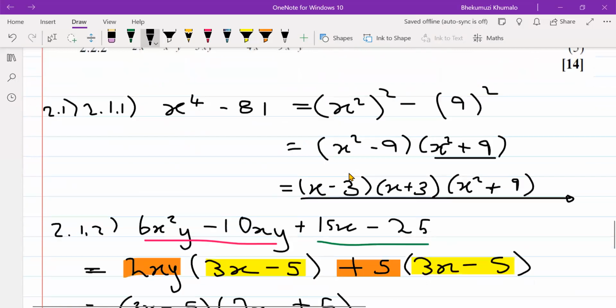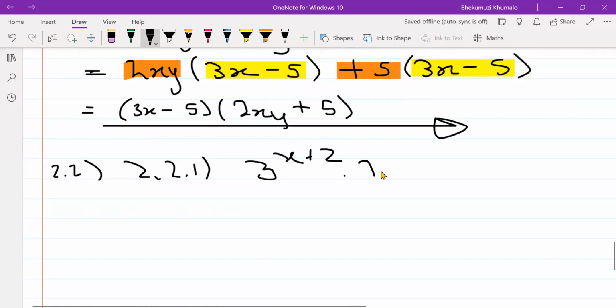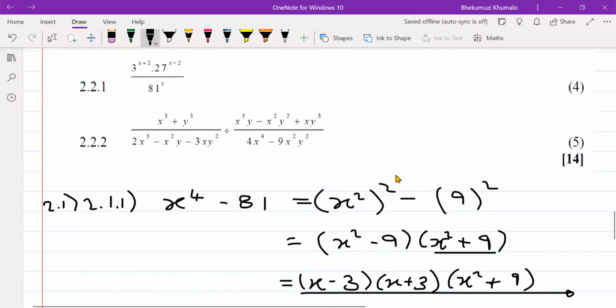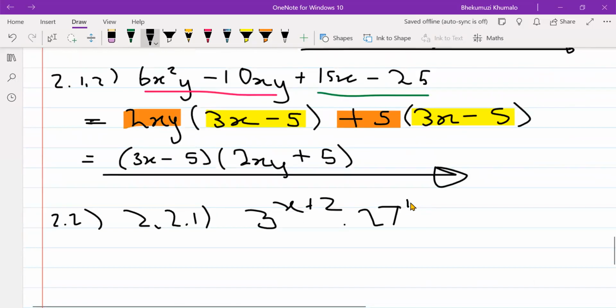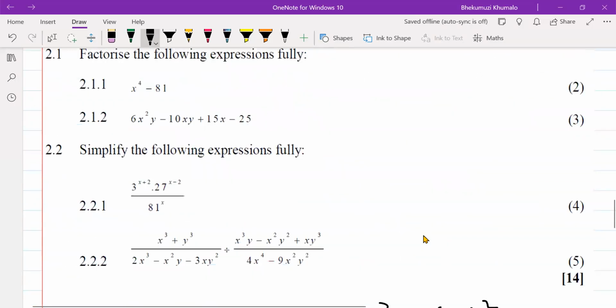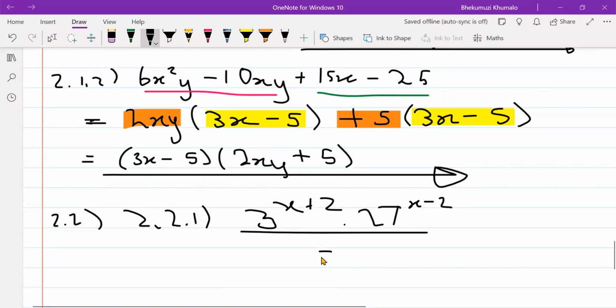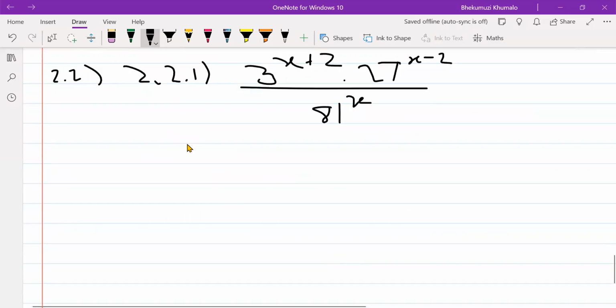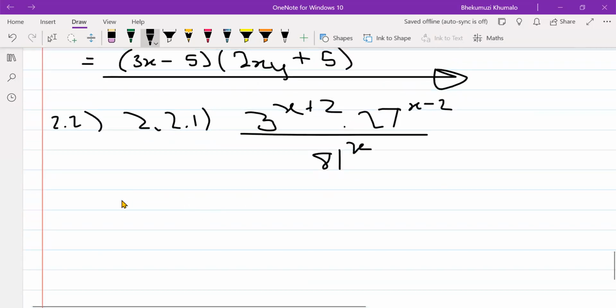Forgive my handwriting, times 27 to the power x minus 2, all over 81 to the power x, right. Okay, so what do we do in this case when we're looking at exponentials and we're trying to simplify them to the furthest point?